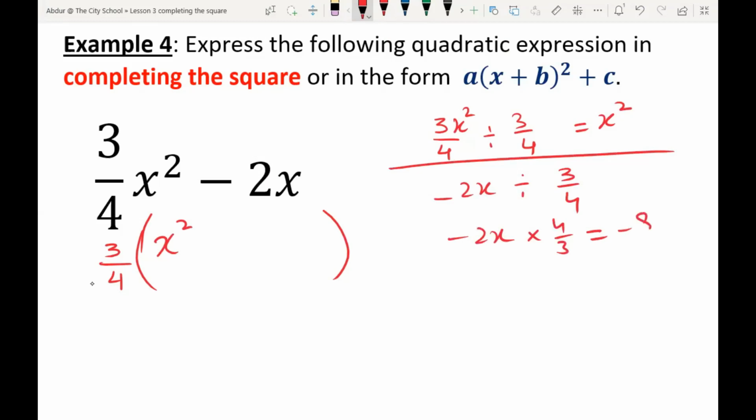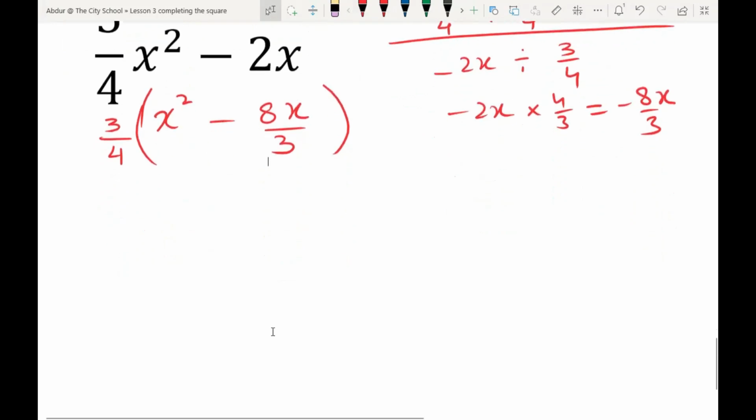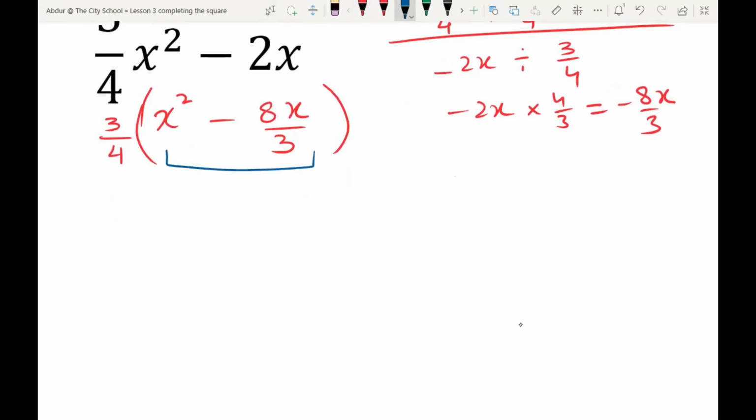It will be minus 8x over 3. Now, since the coefficient of x square is 1 here, start working. Convert x square minus 8 over 3x into an identity. a square minus 2ab plus b square will be a minus b whole square.